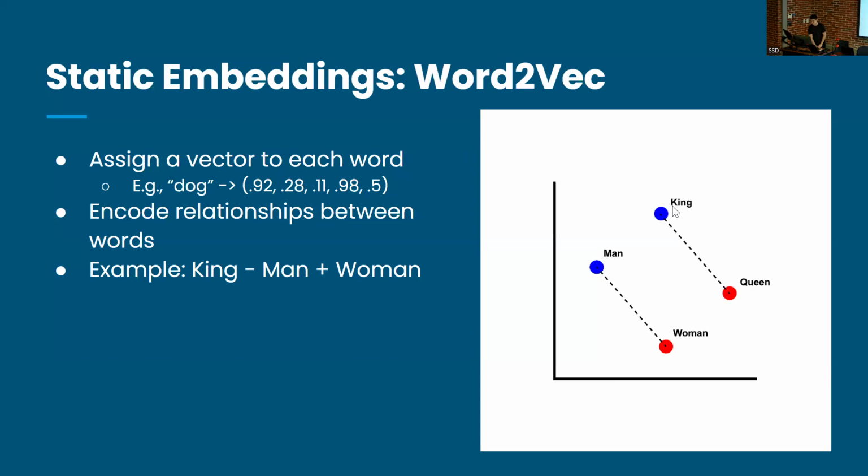So if you convert the words or tokens into vectors, they'll have these geometrical, essentially semantic, relationships between them that represent the relationships between words. And exactly what the vectors are is somewhat arbitrary, but as an example, dog might be a list like 0.92, 0.28, and so on.